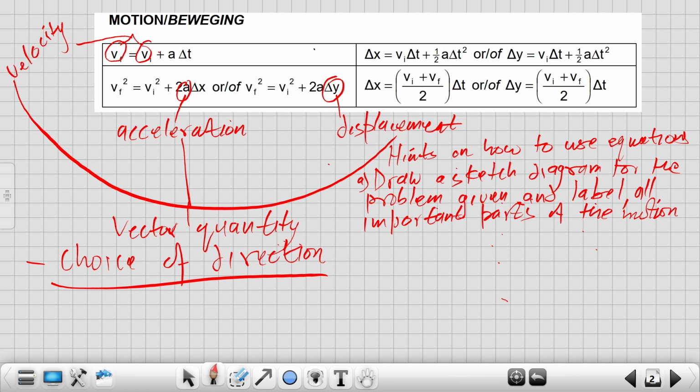And then at B, obviously, choose a direction.